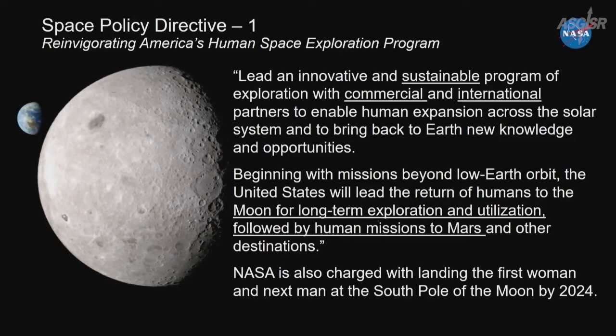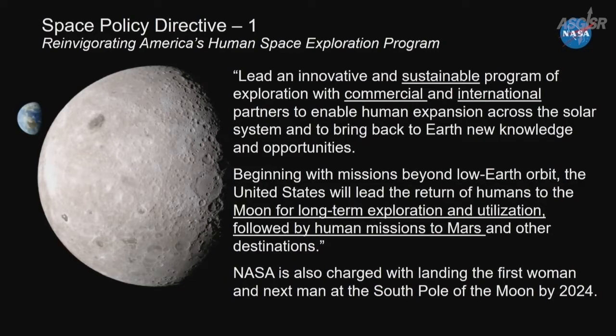Now, the first start of this, of course, is that we want to return humans to the moon for long-term exploration and utilization, followed by human missions to Mars. So we also want to learn how we will live and work on a planetary surface using the moon first and then going on to Mars.